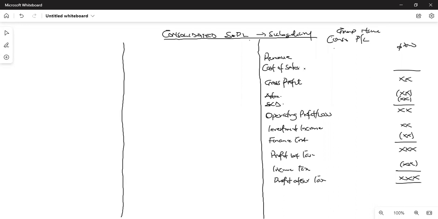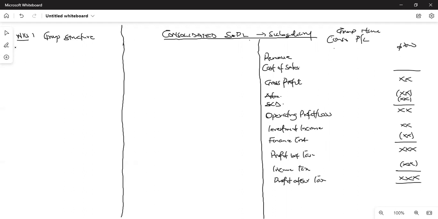Now, what I'm going to do is to use this place for my workings. So working 1, we all know, is the group structure. But I'm not going to repeat some of them because you already have them. The group structure is simple. That is where you draw your graph, the same thing you do under the consolidated statement of financial position.